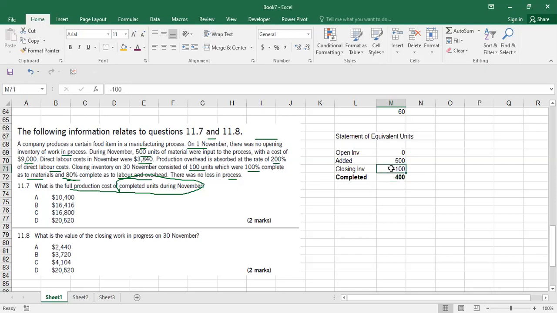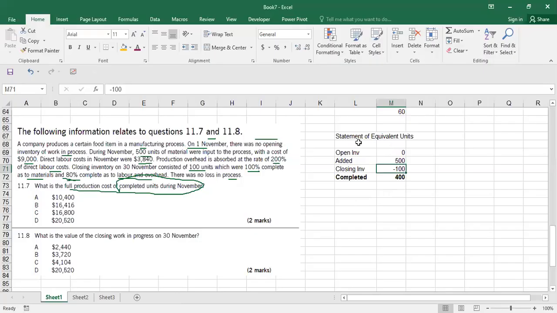Some work has been done on them. So you have to calculate the equivalent unit within this 100. This 400 is straight. It has got no problem. The problem is with this 100, because they are not fully finished. They are 100% finished with respect to material and 80% finished with respect to labor and overhead.